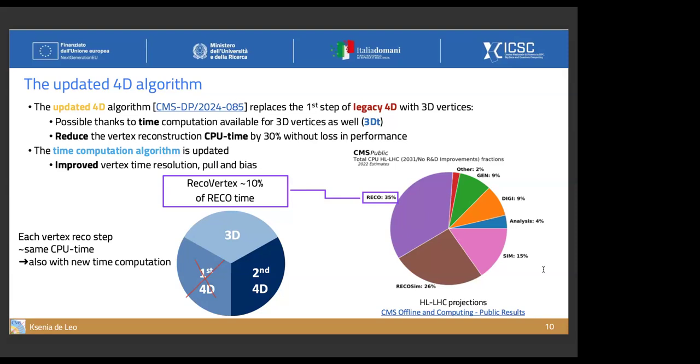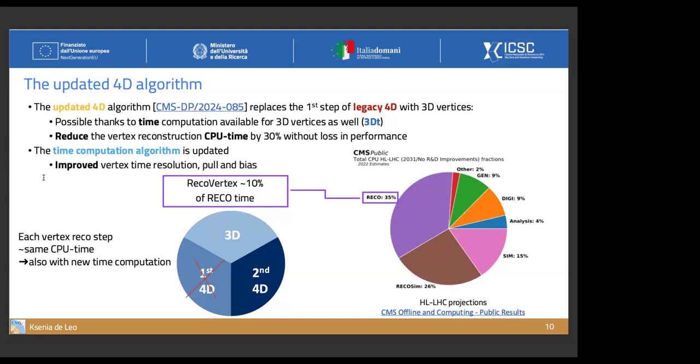And this is useful because we just need one initial vertex time to be able to obtain the correct track time for each track. In this way, it's also possible to reduce the CPU time by around 30% because we remove one of the three vertex clusterings that we have, because we still have the 3D vertices and we had these two steps of 4D. So in this way, we are more efficient.